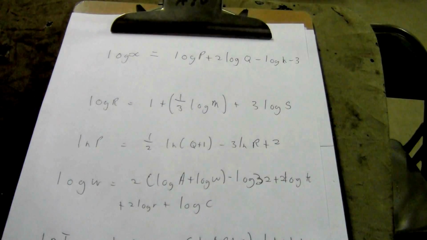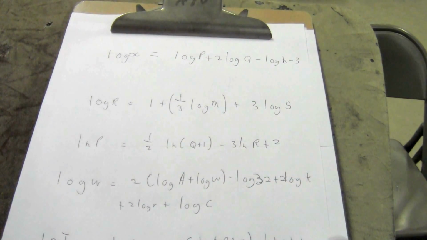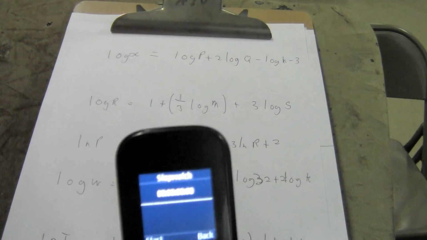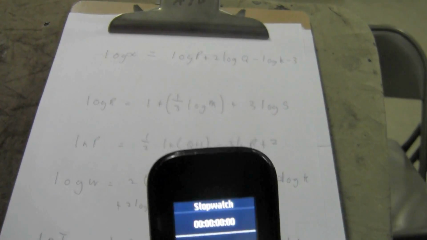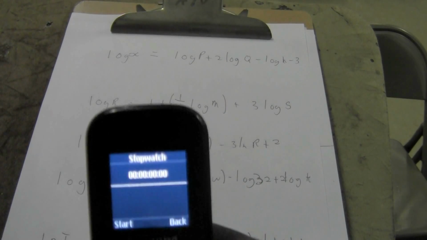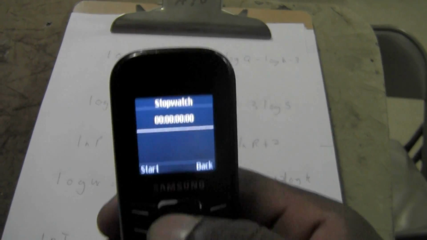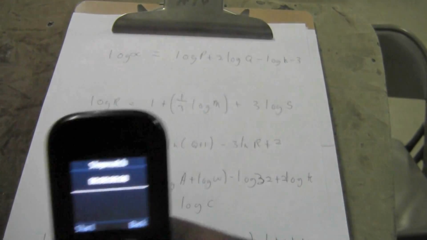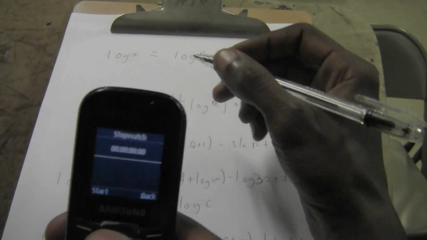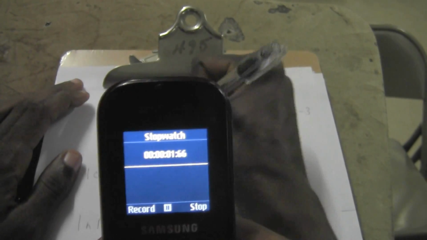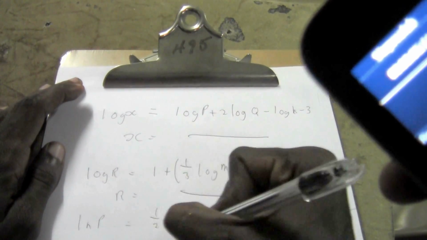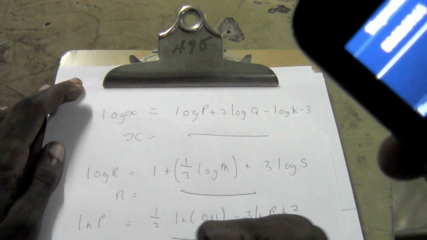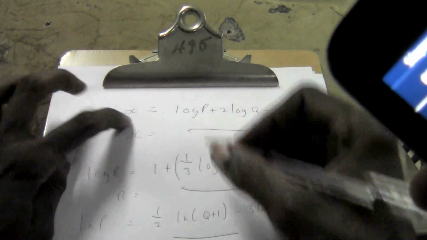So my assistant will put the stopwatch where the camera can see it. All right. So let's go. So X R is equal to something.